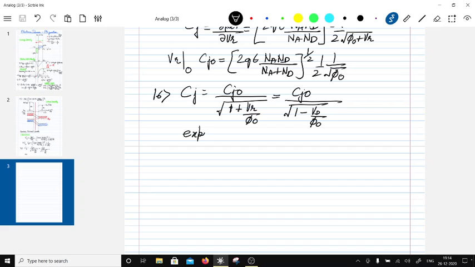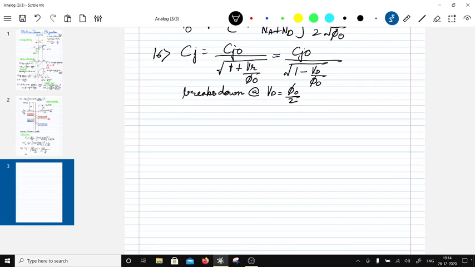So this expression breaks down at Vd equal to xi0 by 2 roughly.